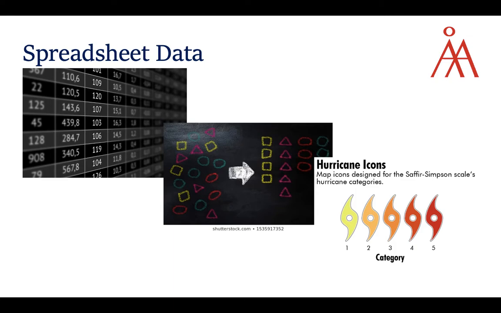So in spreadsheet data, in short, we could get numerical data, real values. We could get categorical data, labels in a sense, and we could get ordinal data, which are discrete, but there's an order to it. But it's not always this clear cut.